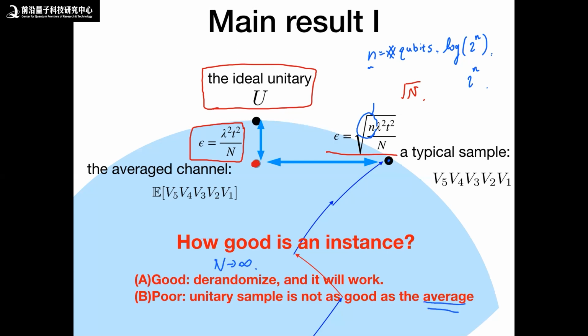The average is just going to be better. But we now know what's happening, and this is just a good thing to know. So you can't really de-randomize it. There's something you gain from using the channel average. Okay, let's move on.